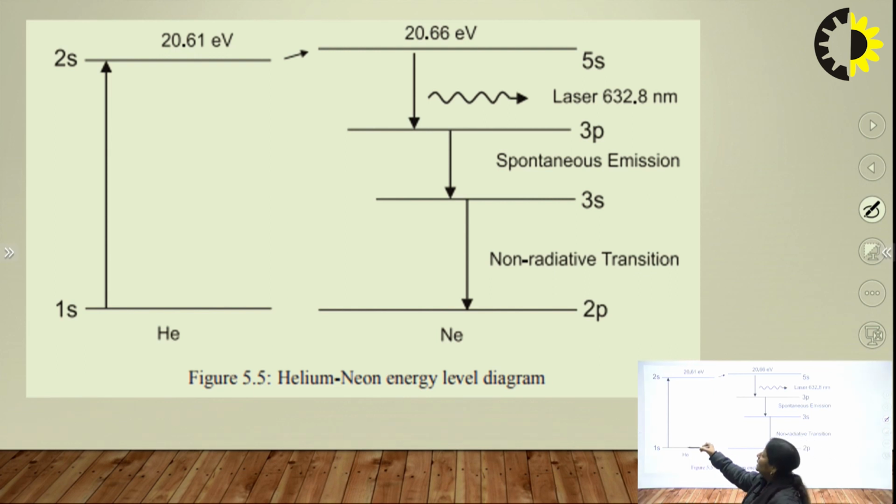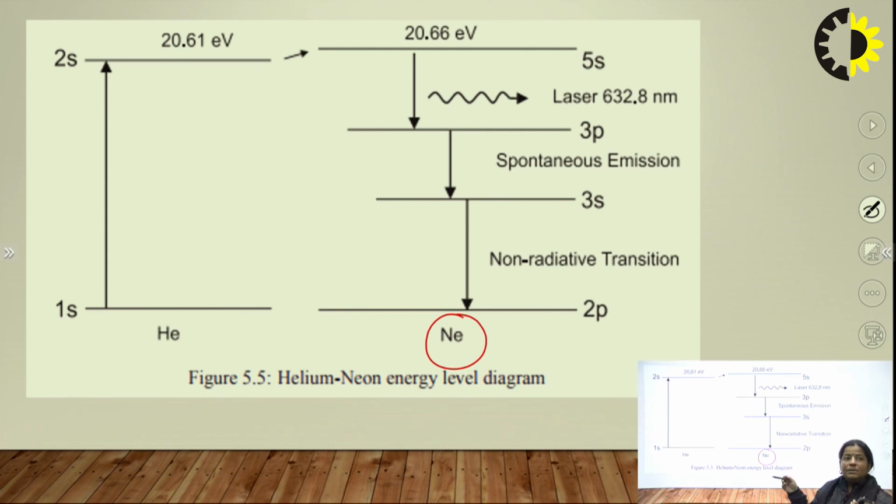The helium moves from the lower energy level to the higher energy level, and the value of the energy level is also given, that is 20.61 electron volts. This energy value is obtained by the helium. And when the helium has this large energy value, it interacts with the neon and transfers its energy to the neon.